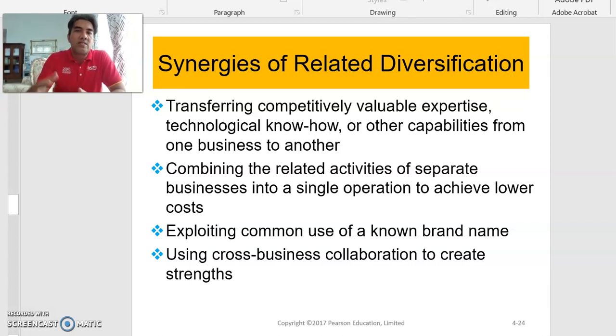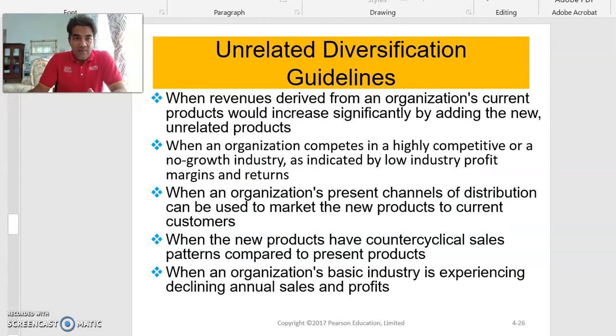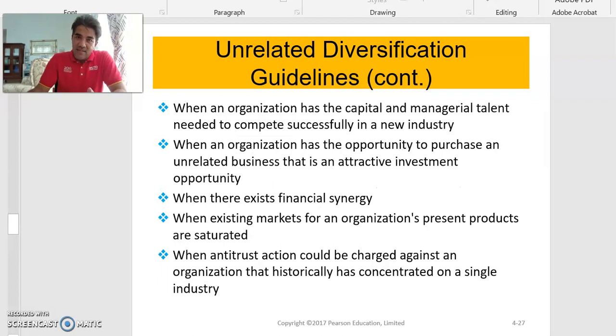Maybe you change the design, or add a new flavor: karipap sardin, karipap daging, karipap ayam. These are some of the reasons and guidelines for unrelated diversification that you can look into later after this. You need to study this on your own as well. This is a very simple and short video just to guide you.